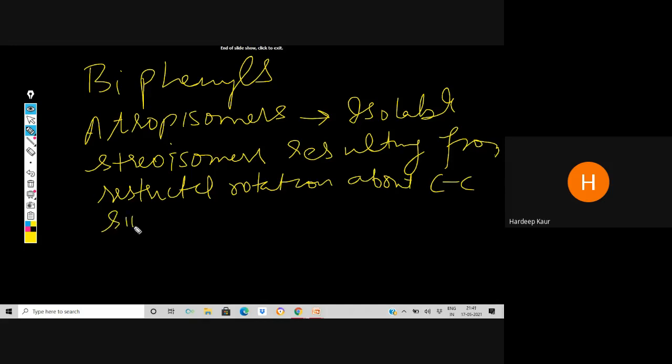So these isomers are known as atropisomers.